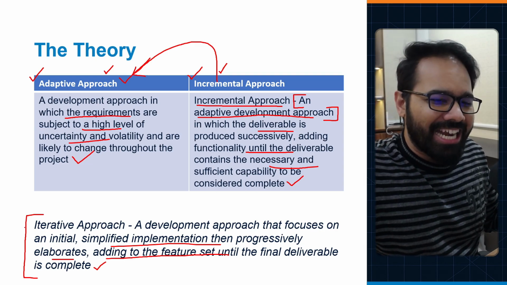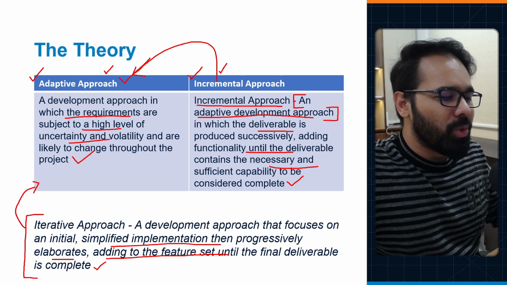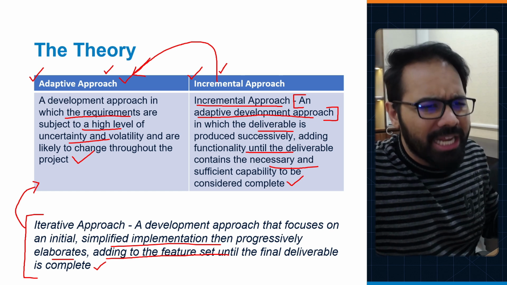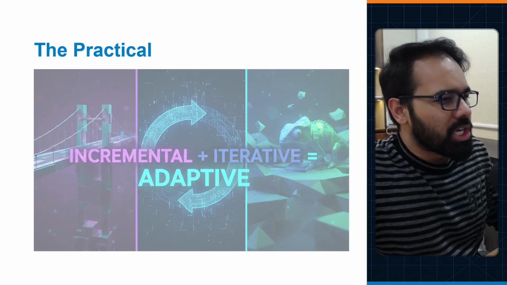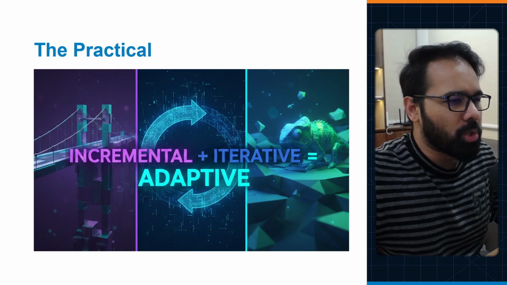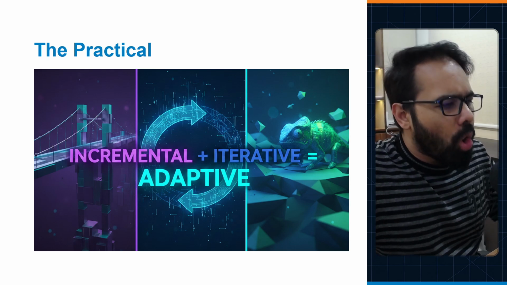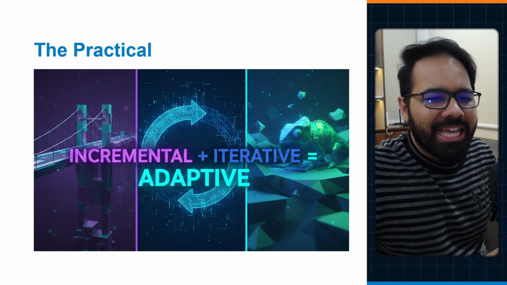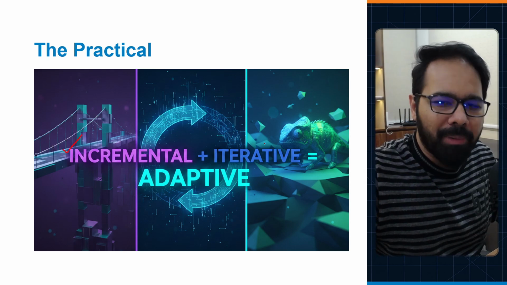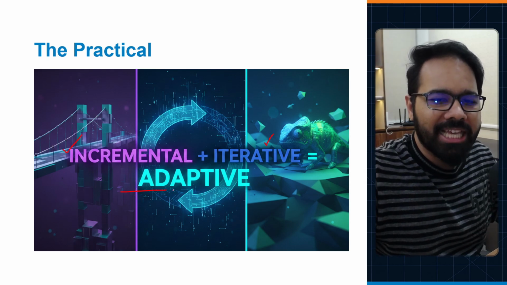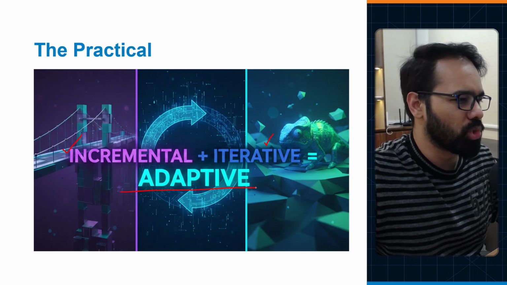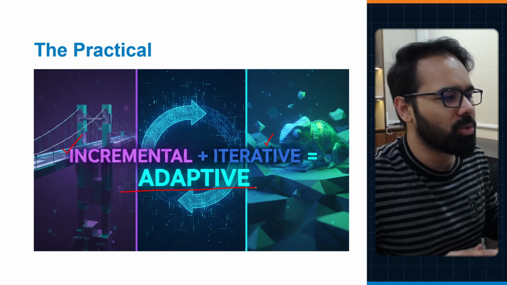In fact, iterative also has a very close relationship with the adaptive approach, and this is the equation that I'm talking about. This is what you need to know for all practical purposes. Incremental approach plus iterative approach equals adaptive approach. That's the equation that you need to know.